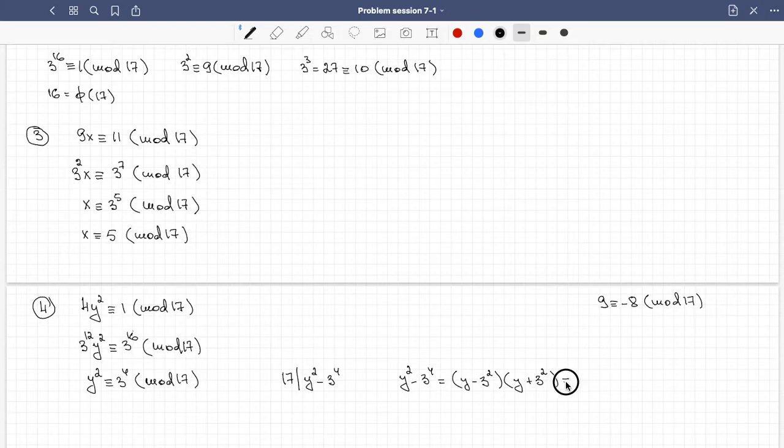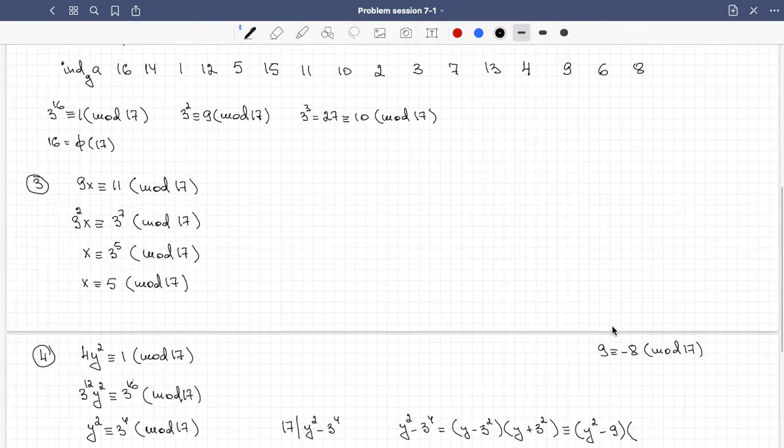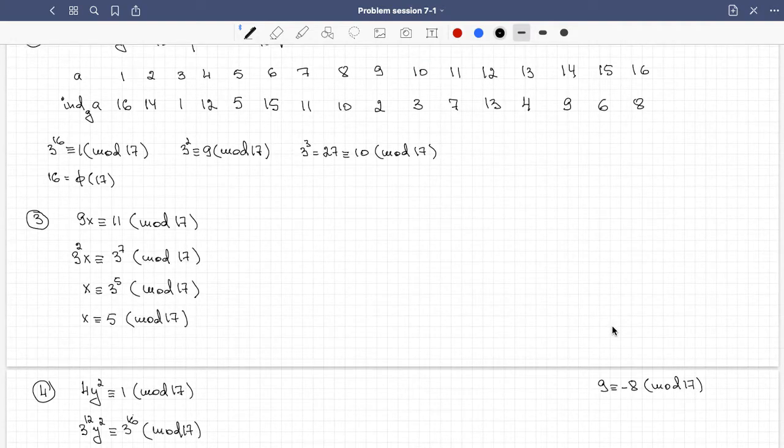So this is the same thing as, now it's not equal but congruent, y squared minus 9, or let us write it uniformly, y squared minus 8. Let me write 8 also as a power of our primitive root. Who is 8? 8 is 3 to the 10.